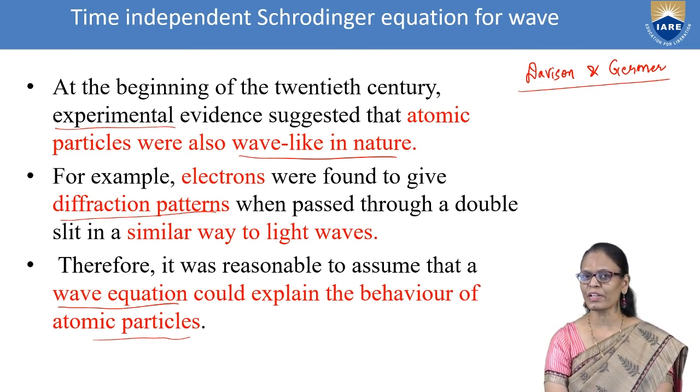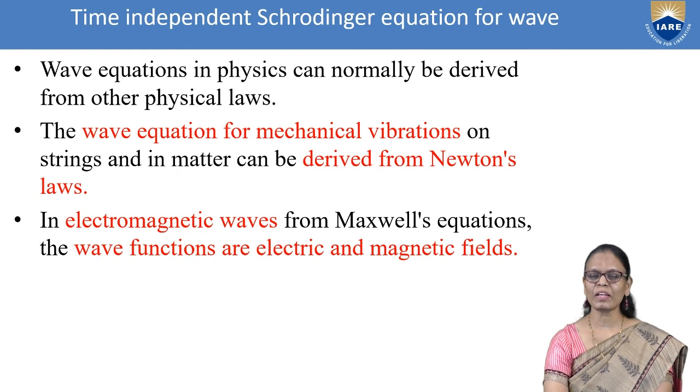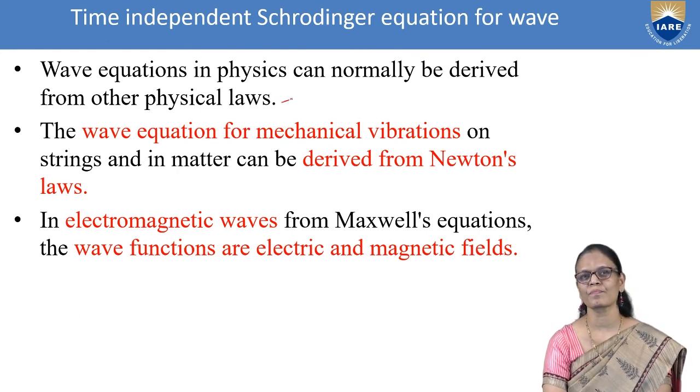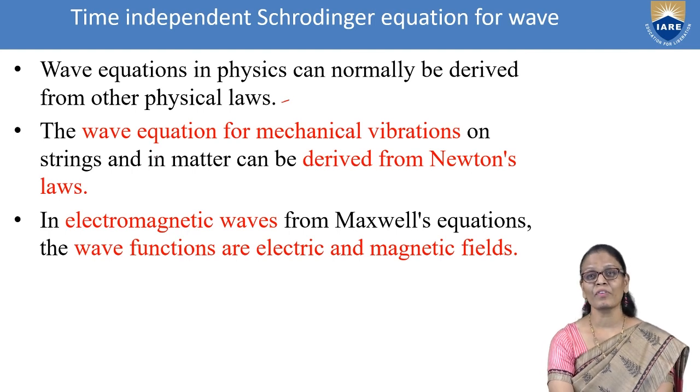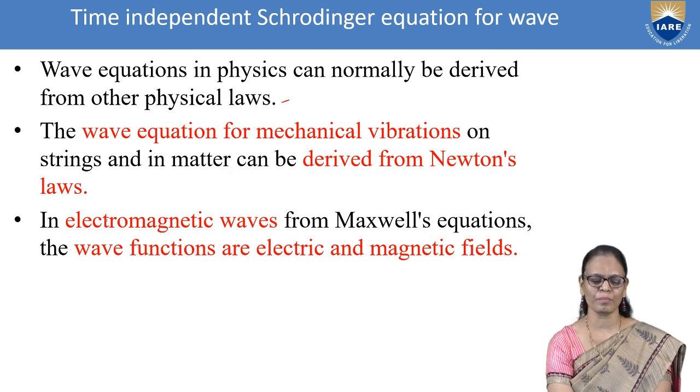Now, when we are considering electrons exhibiting wave nature, then to talk about the wave nature, you need a wave equation which can describe the wave nature of particles. Wave equations are normally derived from other physical laws. The wave equation for mechanical vibrations on strings and in matter could be derived from Newton's laws.